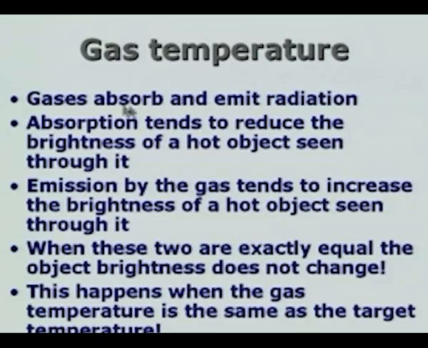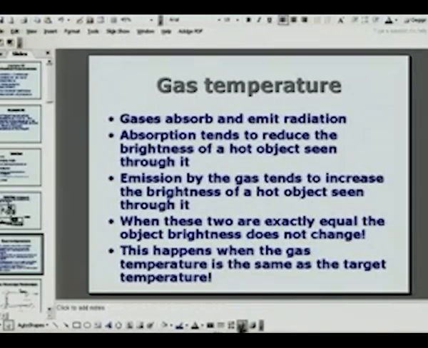So, the absorption and emission processes are some kind of competing processes which are taking place all the time. So, in a sense, absorption tends to reduce the brightness of a hot object seen through it. So, let me just explain what I mean by this.